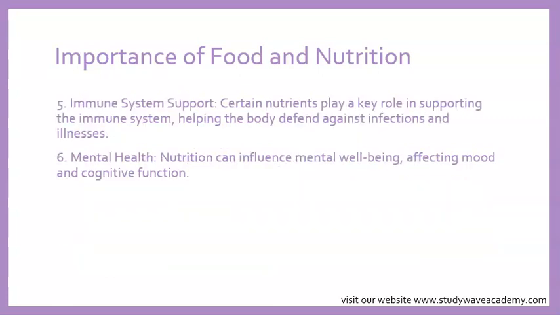Immune system support. Certain nutrients play a key role in supporting the immune system, helping the body defend against infections and illnesses. Okay? Mental health. Nutrition can influence mental well being, affecting mood and cognitive function.